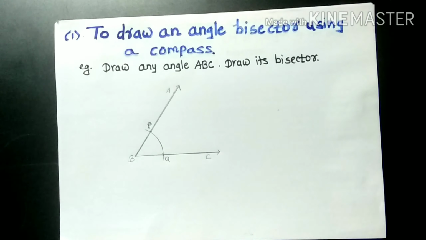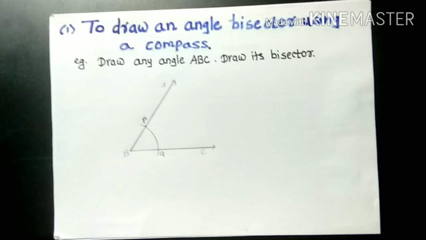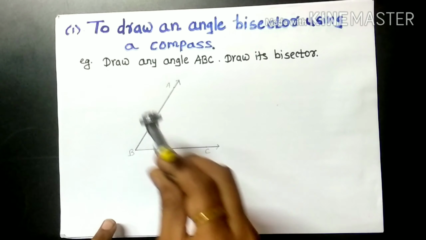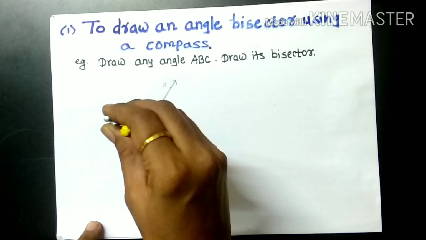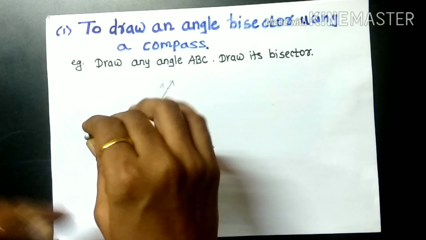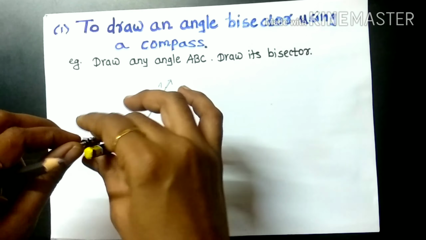Now, place the point of the compass at point P and taking a convenient distance, draw an arc inside the angle.